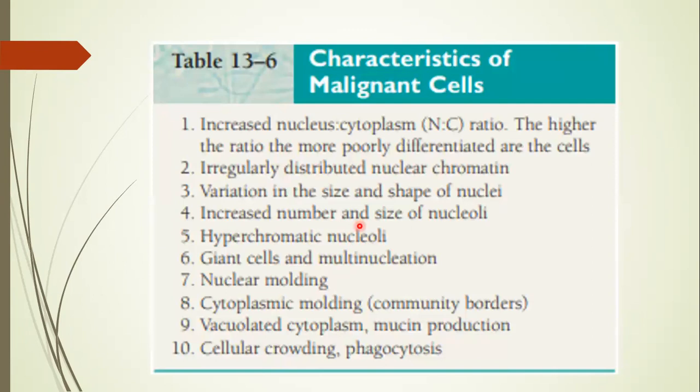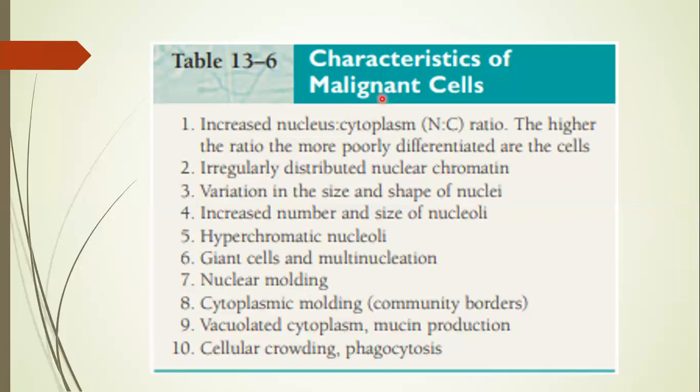I mentioned that we can also observe malignant cells in your fluid, and your cancer cells may look like this. Usually they are larger with a bigger nucleus, almost occupying the entire cytoplasm, thus the high NC ratio, with irregularly distributed chromatin.